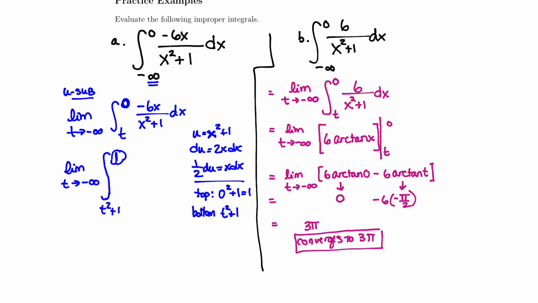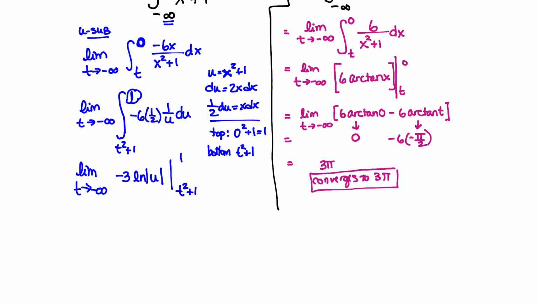And this is going to be negative 6 times 1/2 times 1 over u du, which very quickly I see evaluates out to be -3 times the natural log of the absolute value of u from t squared plus 1 to 1.